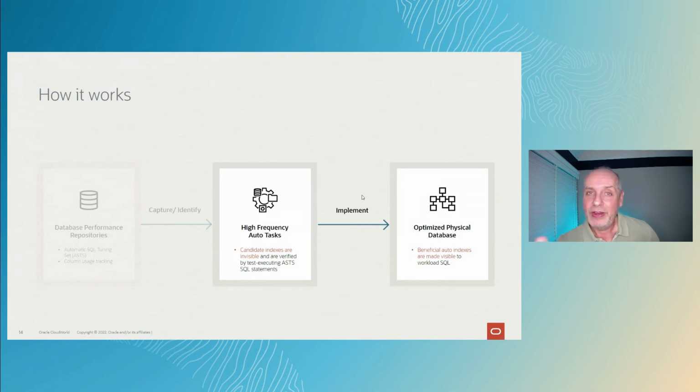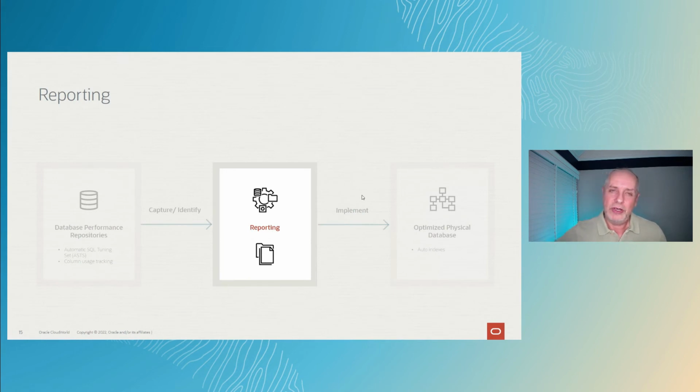On the face of it, it's quite straightforward. The details are quite complicated, of course, but from an overall view, it's conceptually quite simple. As I say, the beneficial indexes are made visible. If we have built any indexes on the way that are not beneficial, after 24 hours those revert to being unusable, which means they're essentially just metadata again. Okay.